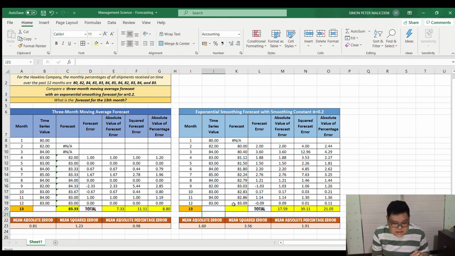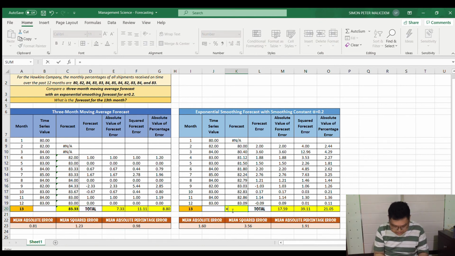The missing forecast for 13th, we can solve it by equals open parenthesis 83 times 0.2 plus the damping factor, which is 0.8.